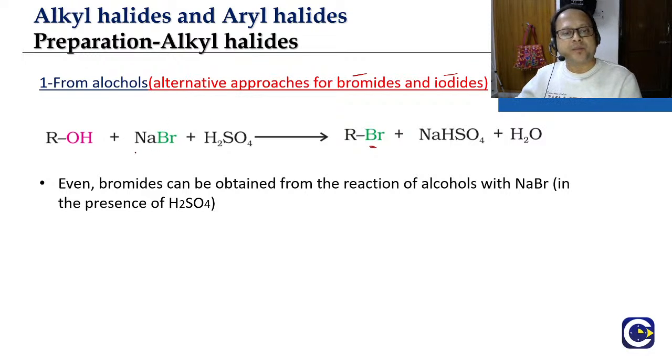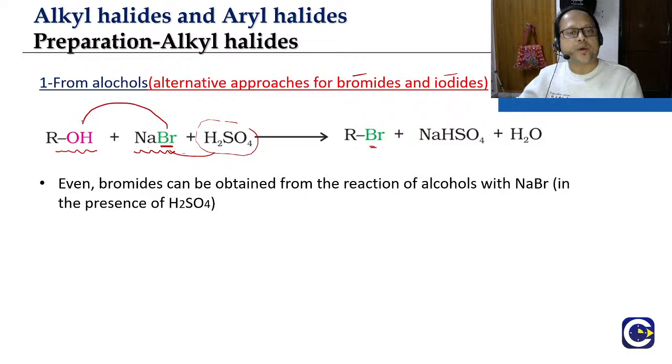So if you take sodium bromide and react it with this alcohol in presence of sulfuric acid, sodium bromide and these two will together form sodium bisulfate, sodium hydrogen sulfate. And this bromine will then replace OH, which will combine with one hydrogen from the sulfuric acid, and of course water is going to be formed.